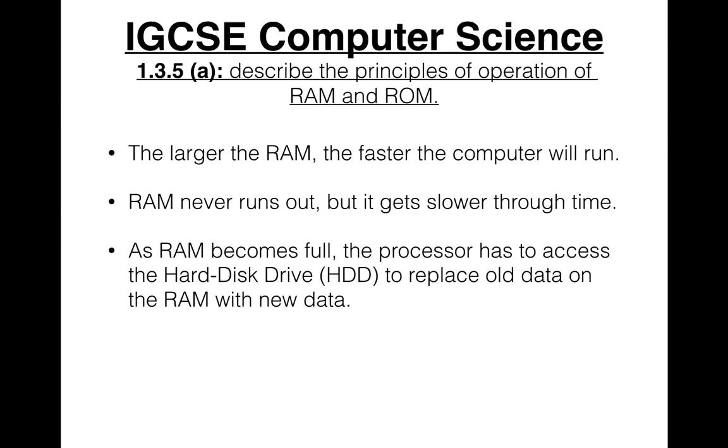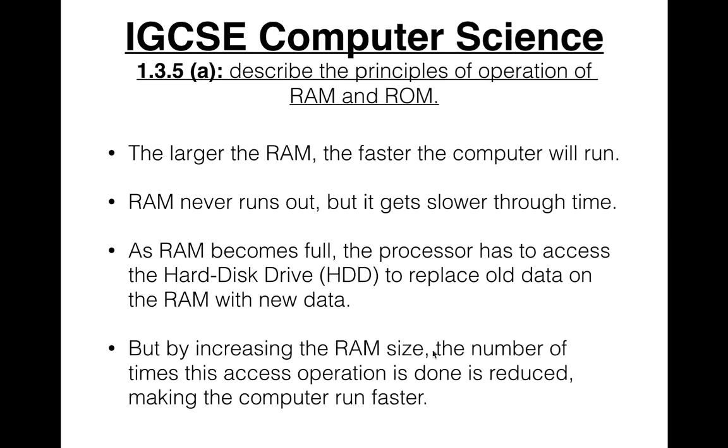As RAM becomes full, the processor has to access the hard disk drive, or HDD, to replace old data on the RAM with new data. But by increasing the RAM size, the number of times this access operation is done is reduced, and this makes the computer run faster. HDD, or a hard disk drive, is secondary storage.